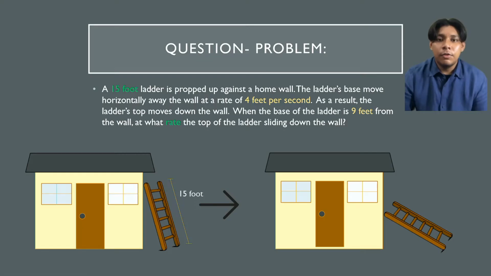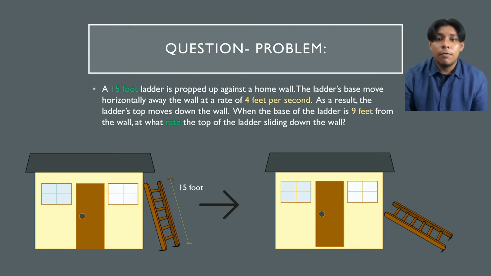A 15-foot ladder is propped up against a house wall. The ladder's base moves horizontally away from the wall at a rate of 4 feet per second. As a result, the ladder's top moves down the wall. Based on the question given, the ladder was originally immobile, meaning it was not moving in the first place.